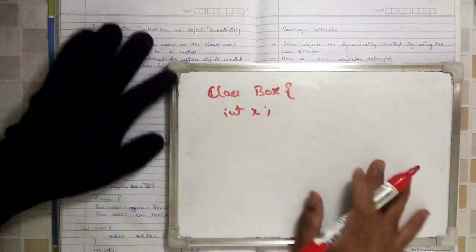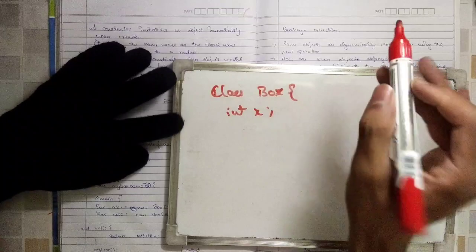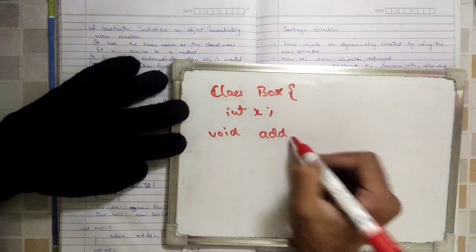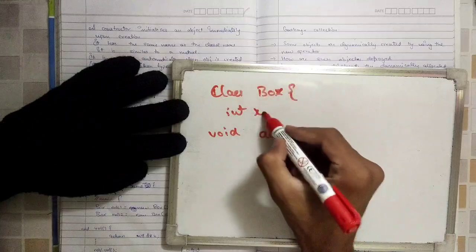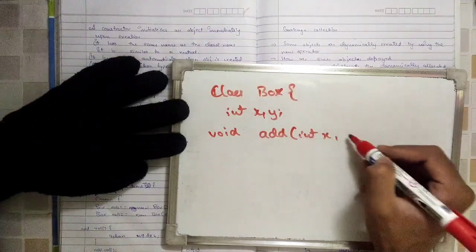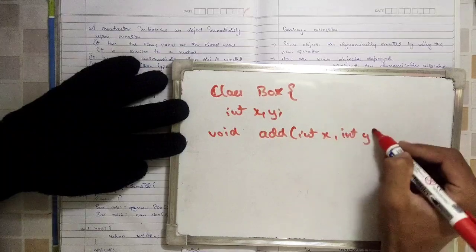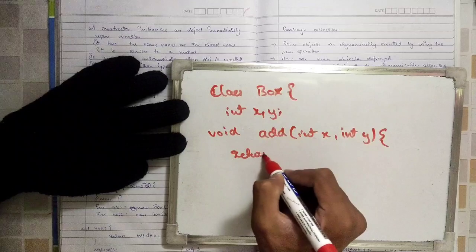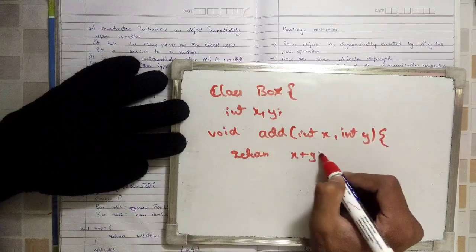Now I won't use the width and all. Now I will use a method add, and let me also give y: int x, int y. Here I will write return x plus y, close.